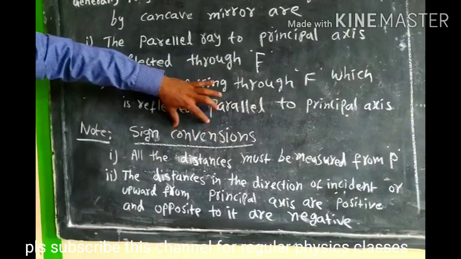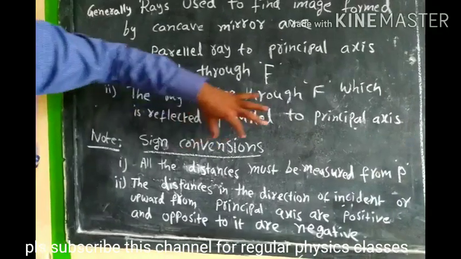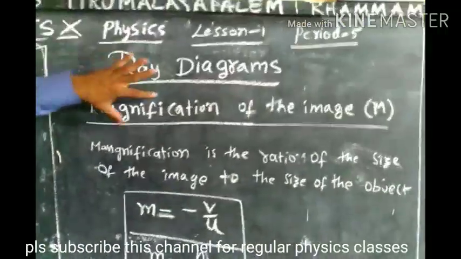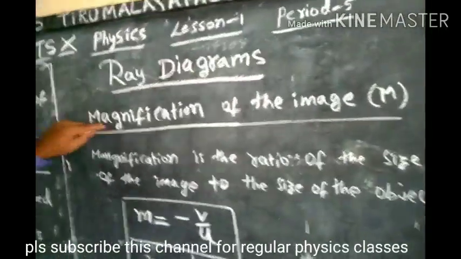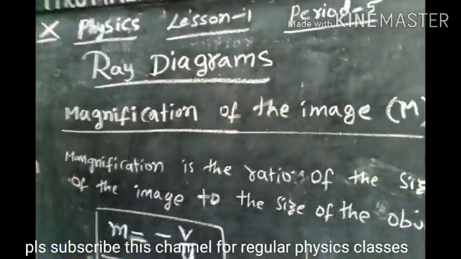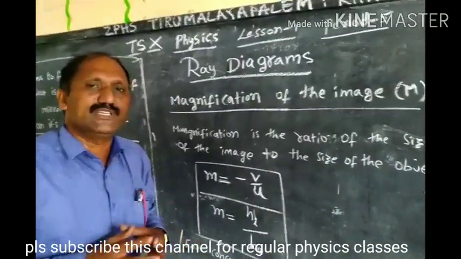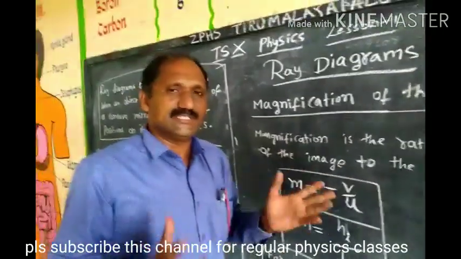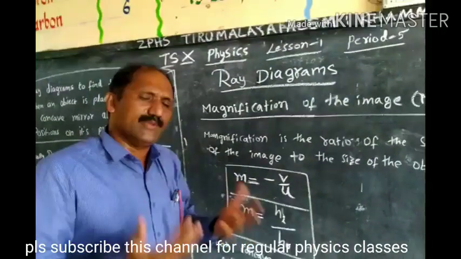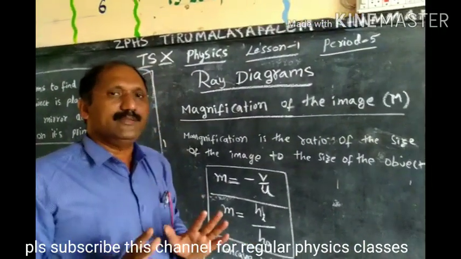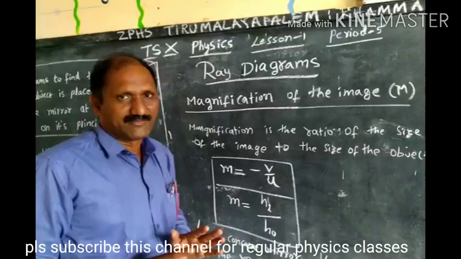Whenever we know about the sign conventions, one more thing we have to know is the magnification of the image. Magnification means simply, sometimes we say it is magnified. Magnified means it becomes bigger, but not only becoming bigger.